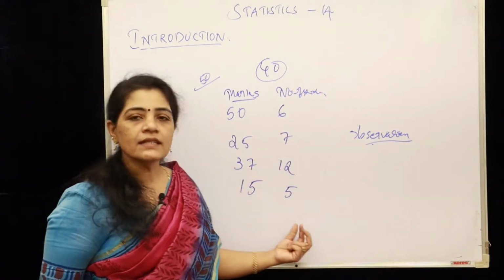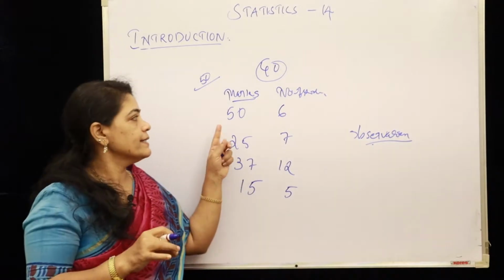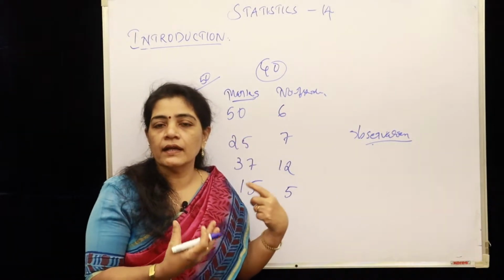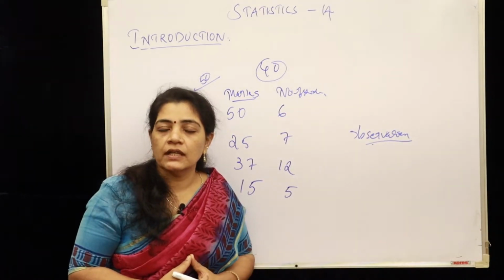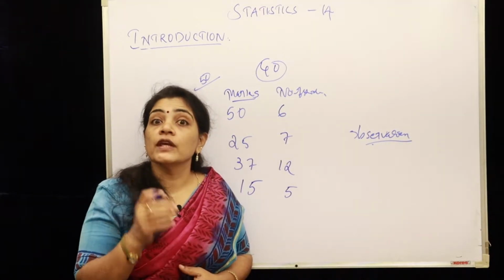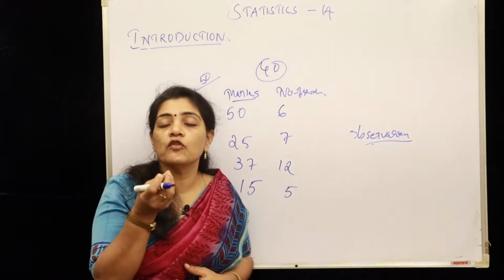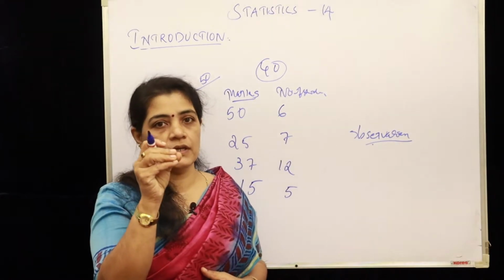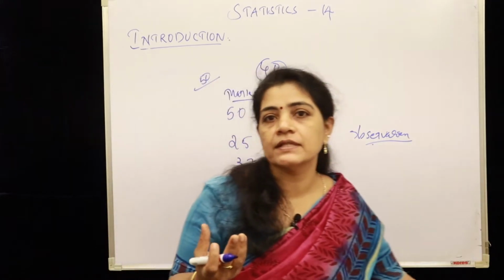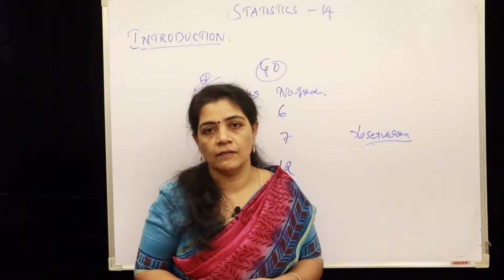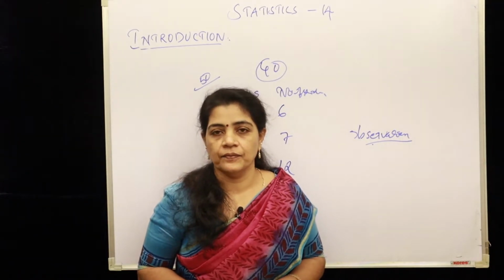This second column, the number of times a particular observation appears in a collection or data, is what we call frequency. Understood? So what is frequency? The number of times a particular observation appears in the data. And this frequency can be represented using tally marks in smaller classes. So this is the second way of representing data.